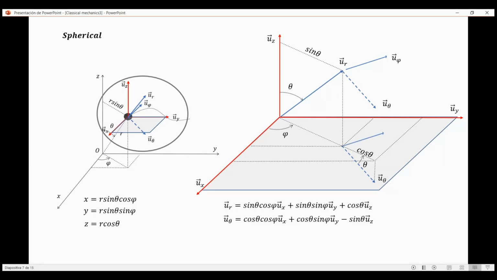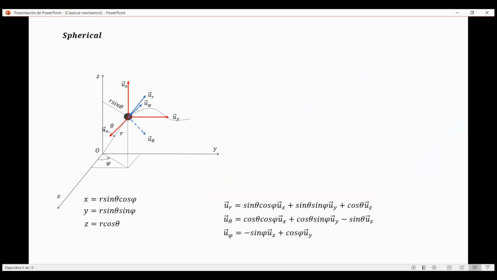And now u phi, we bring it to the xy plane. If this is phi, it's the same angle as this, phi there. And if we project, it is simply minus sine of phi ux plus cosine of phi uy.